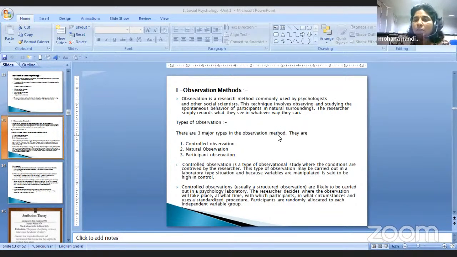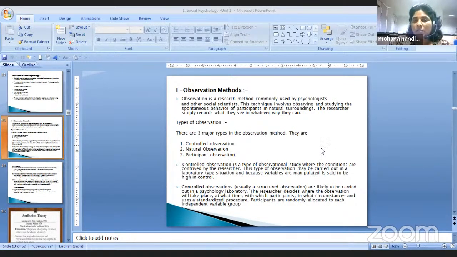Suppose the person is in front of you, we'll see how the person is behaving with you. If he is in a stressful condition, suppose you ask some questions, what's your name, how old are you, he doesn't answer properly. Immediately he will say no. He may answer very late, he may not respond to the questions. So this is called natural observation. Suppose one guy is playing in a ground and you want to observe the person.